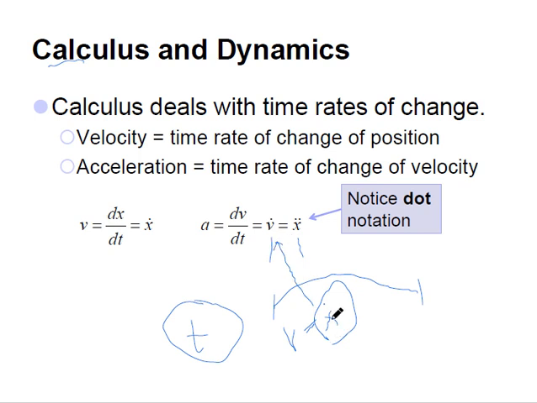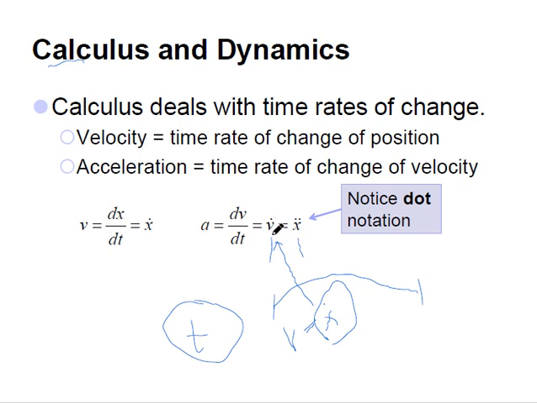So v is x dot, and v already has a dot above it for the time rate of change of velocity, which is acceleration. So you're going to have two dots over x. If you see two dots over the position symbol, you know that is acceleration.